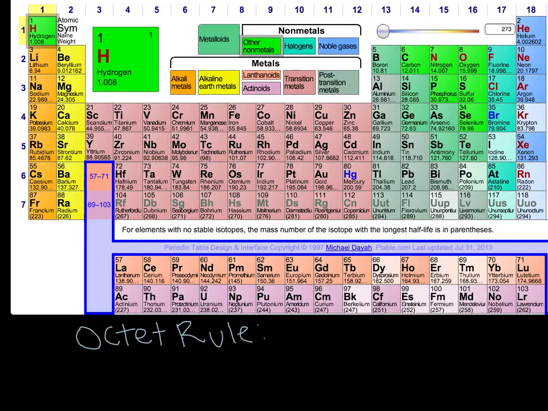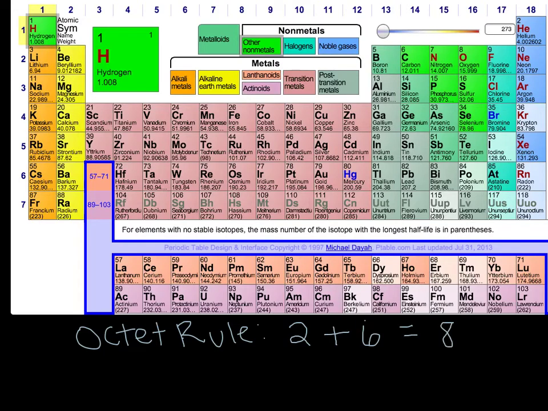So beryllium has 2 in its outer shell, its Lewis dot structure. That means that it has 2 valence electrons. And oxygen has 6.